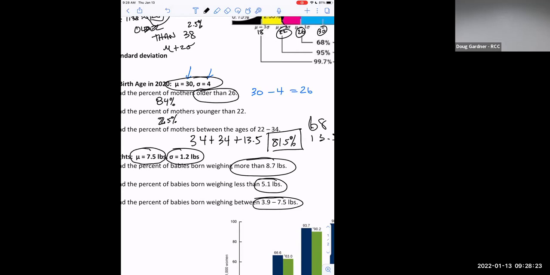In the middle, question up there says what percent of babies.